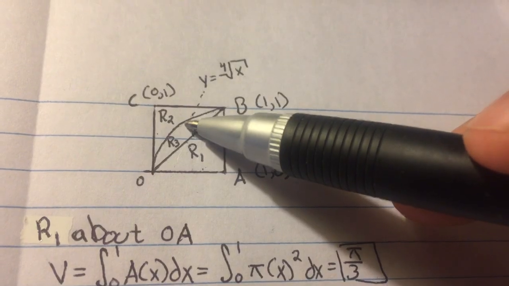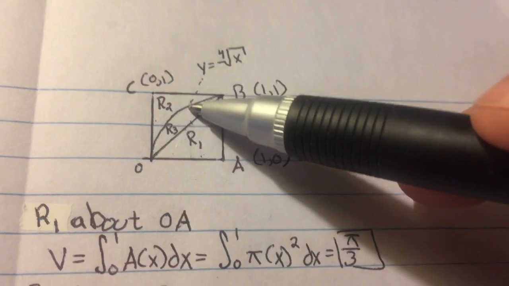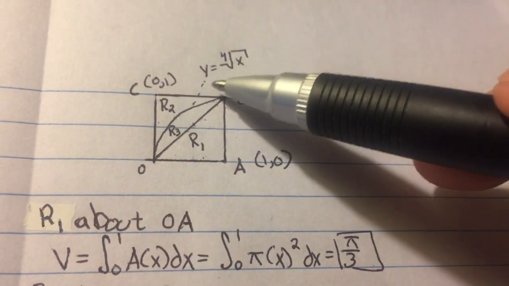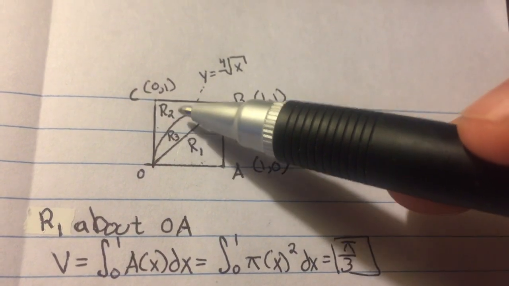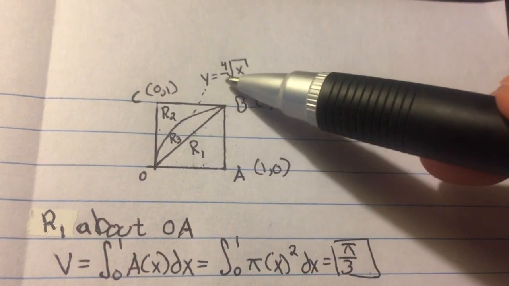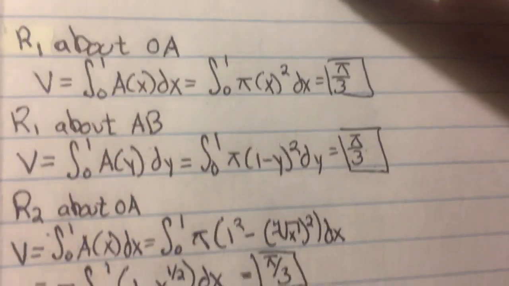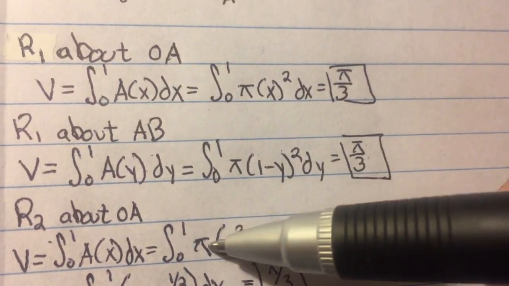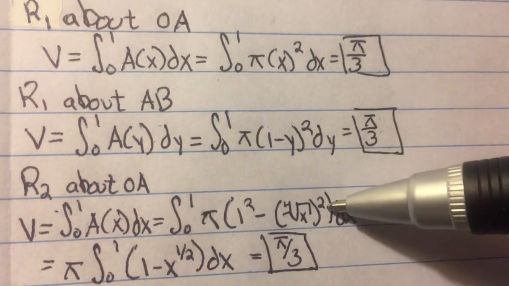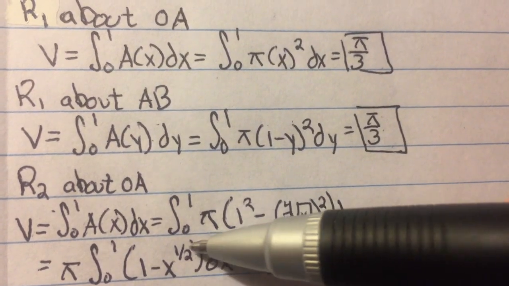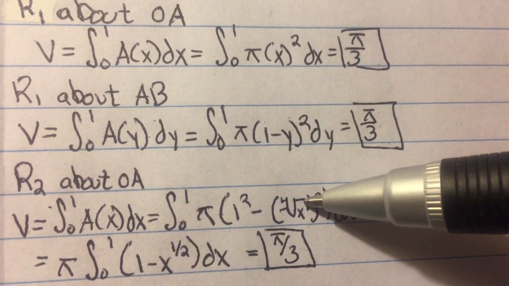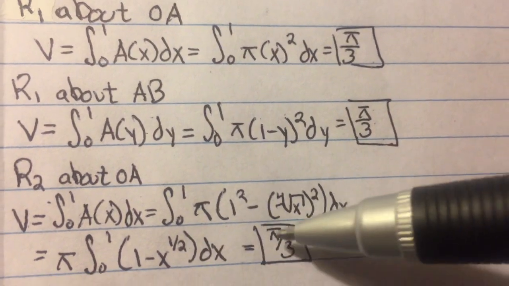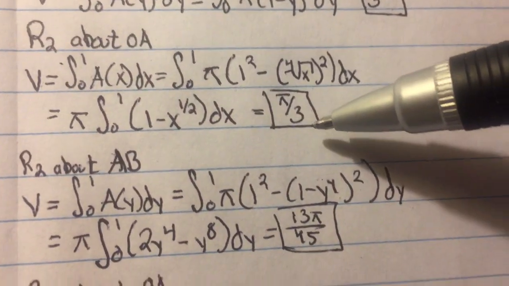So the equation of this line is just fourth root of x, and what we want is in terms of x, so we would just say pi 1 squared minus pi fourth root of x squared. And in fact, that's almost what I did. I just factored out the pi, but otherwise it's the same thing. I kept it in terms of exponents, the radical, because that's easier for me to integrate, but pretty easy stuff.